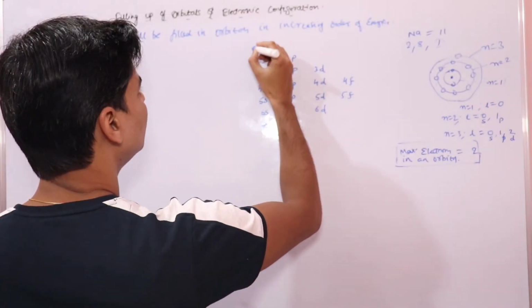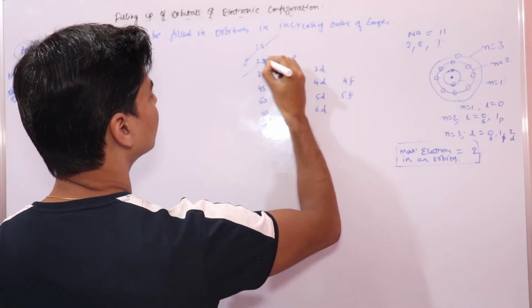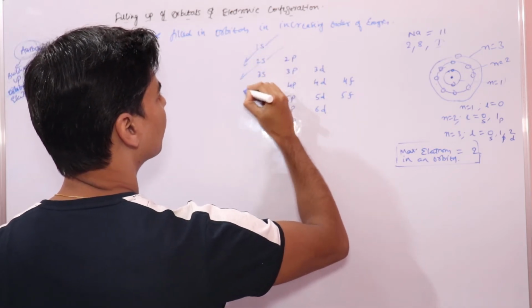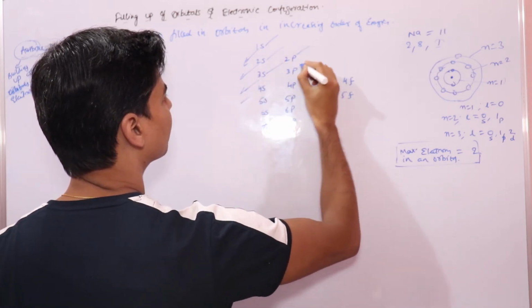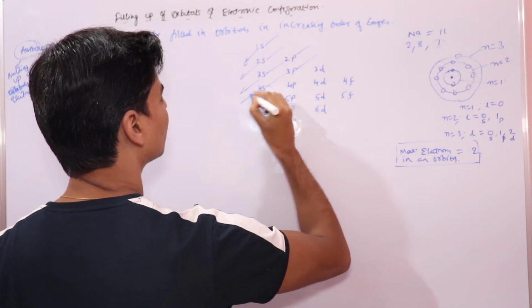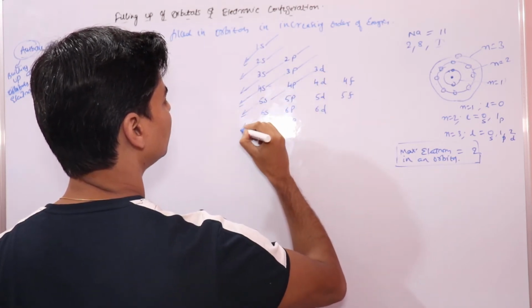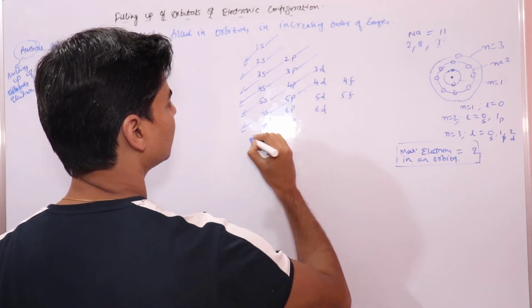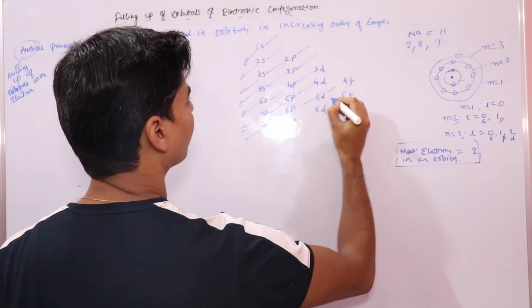And then what we will be doing is just drawing these kind of arrows. This is how it is exactly drawn in your books, but just understand how to draw this.